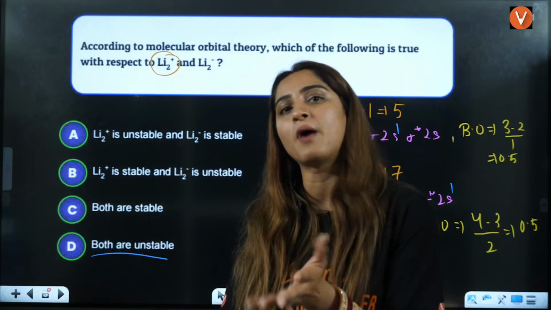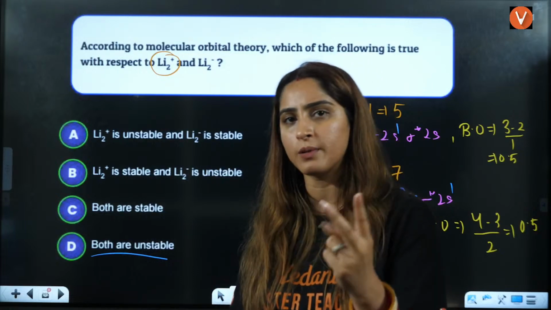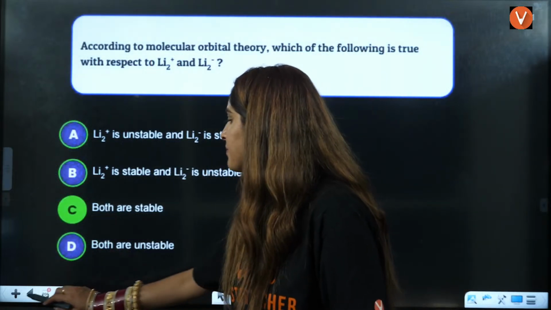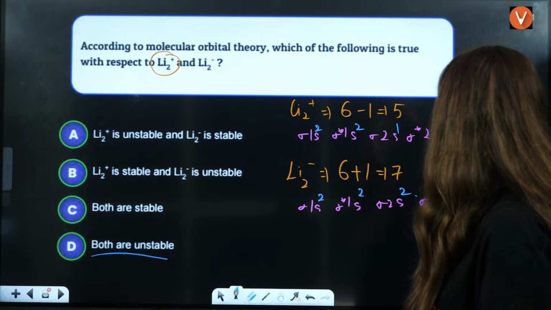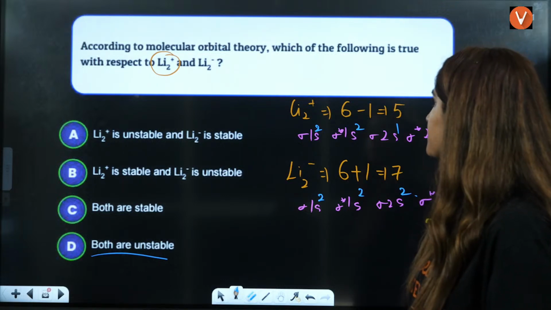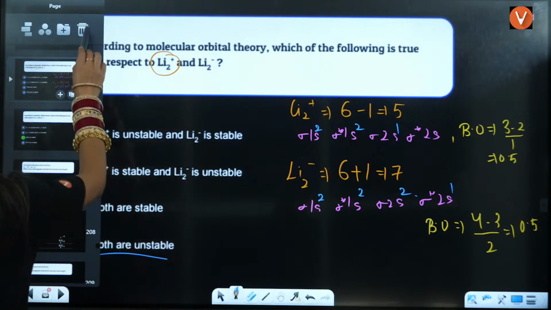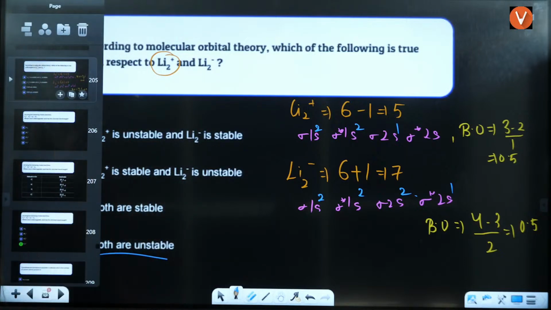If bond order is 1, 2, 1 means single bond, 2 means double bond, 3 means triple bond. So both of these are unstable, so the answer is not this. It is coming out to be 0.5.